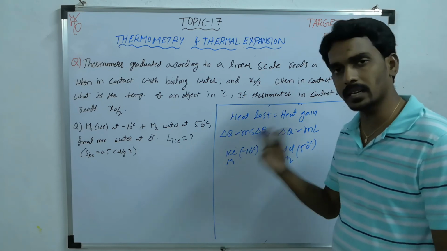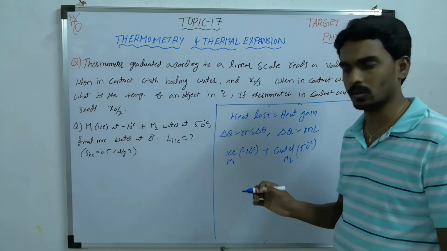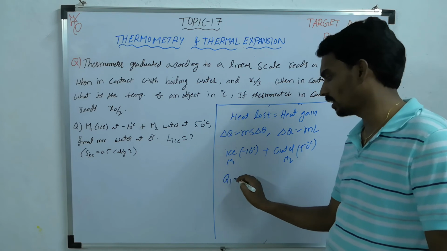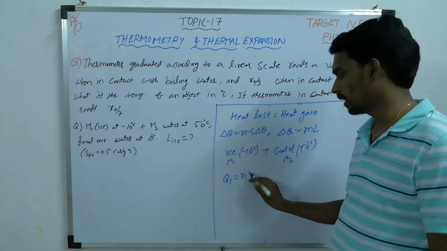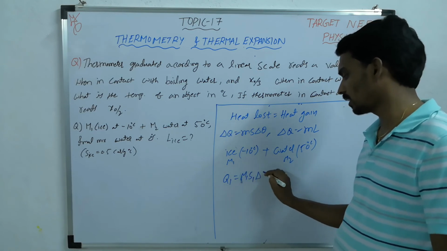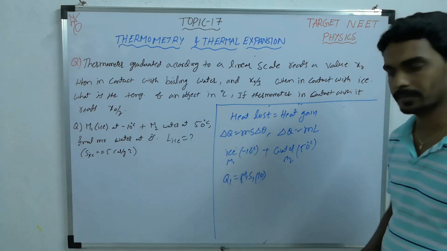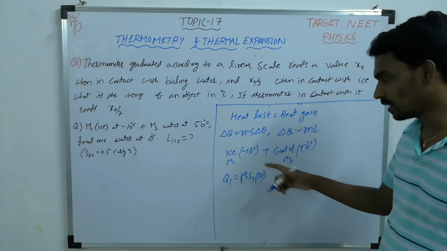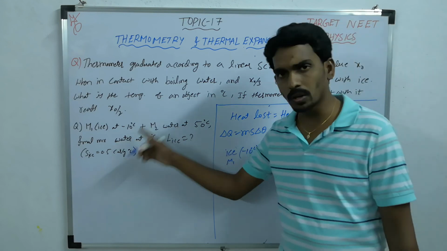Its temperature can rise up to its melting point. What is the melting point? 0. So first, the heat energy required to raise the temperature to 0 will be m1 s1 delta theta, where delta theta is 10 degrees Celsius.